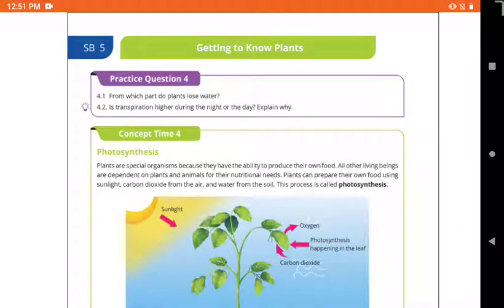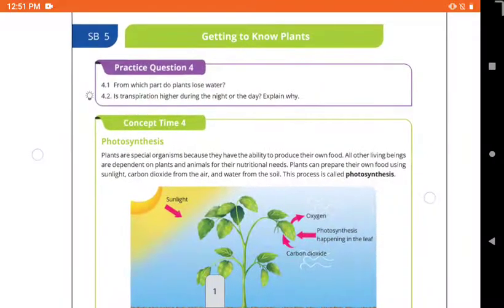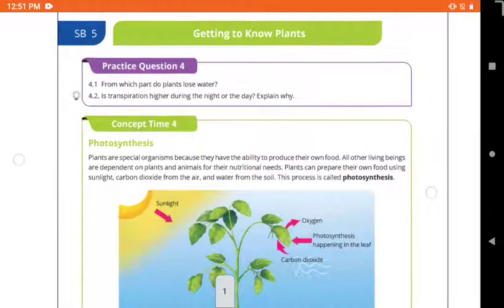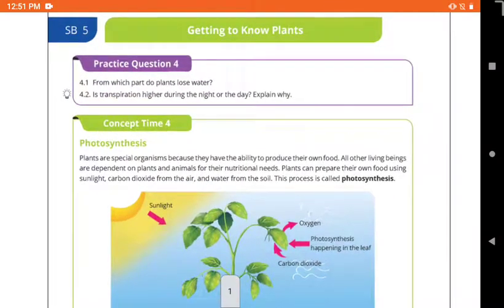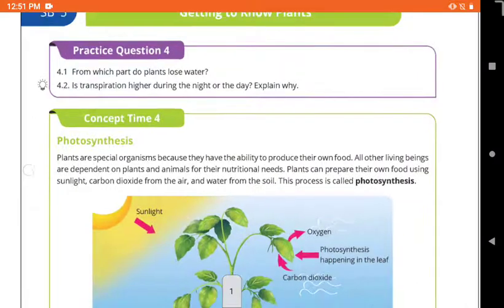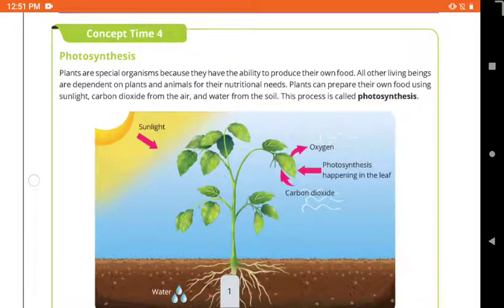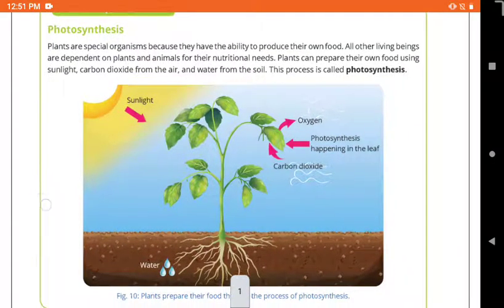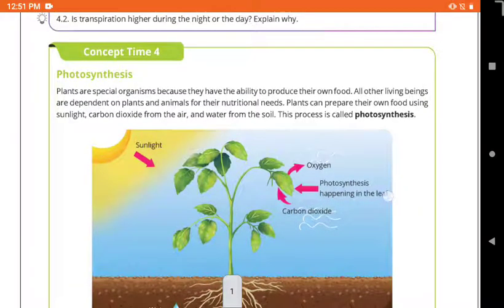Now you will practice question 4 on SB5, 4.1 and 4.2. In 4.1, from which part do plants lose water, and in 4.2, is the transpiration higher during the night or the day? Explain why. So these are two questions you will solve.